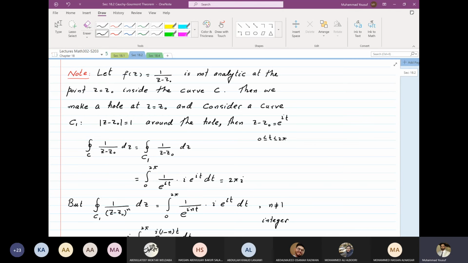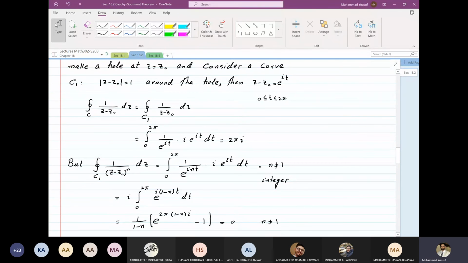You can make this circle not radius 1, but radius epsilon, very small, around this hole. Then we can write z minus z naught equal to e power i t. And if you make the radius epsilon, then z minus z naught equals epsilon multiplied by e power i t. Okay, then put it in this integral.